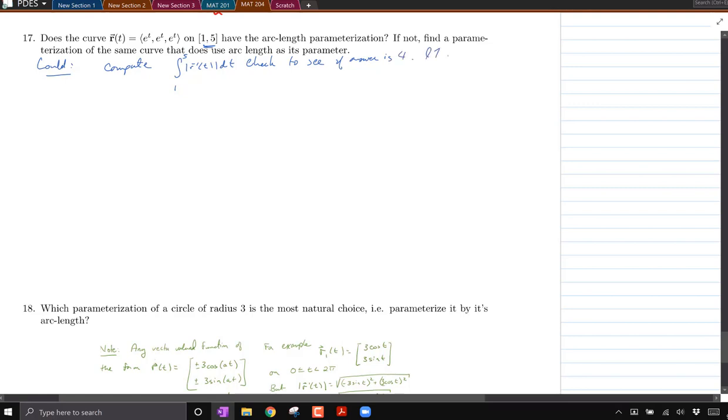If so, we're done. It has the arc length parameterization. But that would involve completely calculating this integral, completely calculating this arc length.